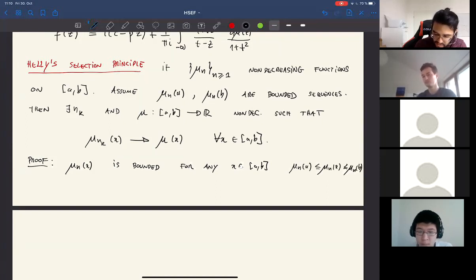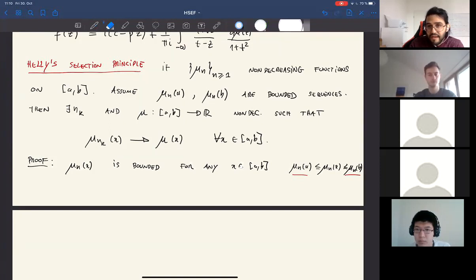And I know that these two guys here are bounded. Indeed, it's uniformly bounded for every x in the interval. So therefore, for any x, I can take a subsequence that converges.